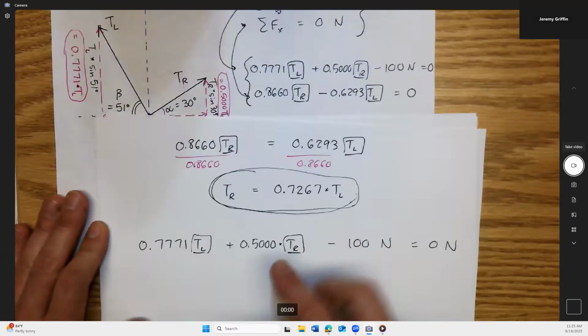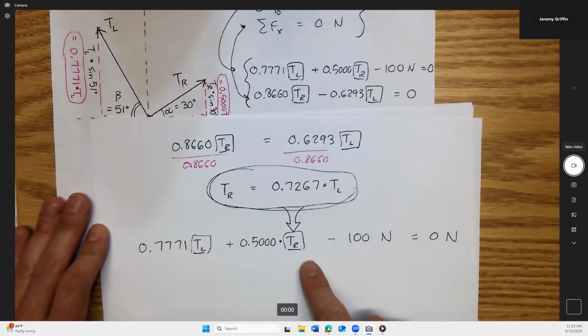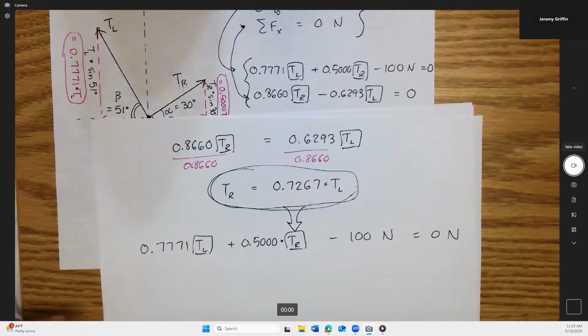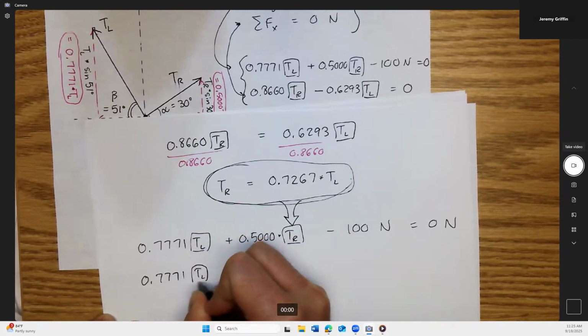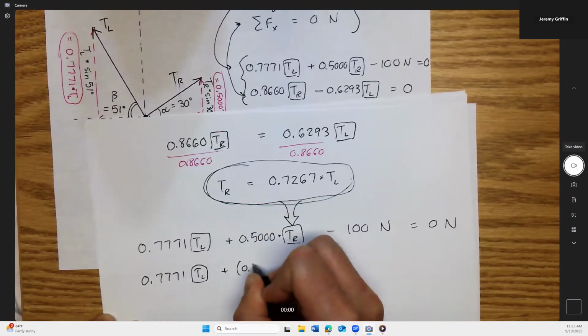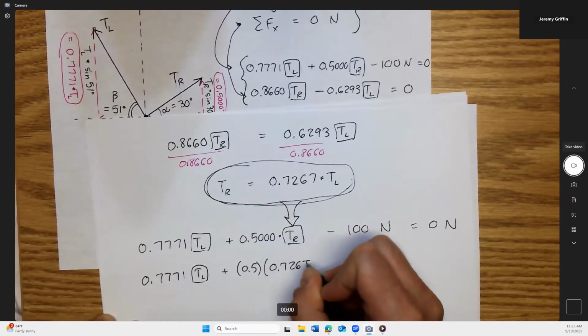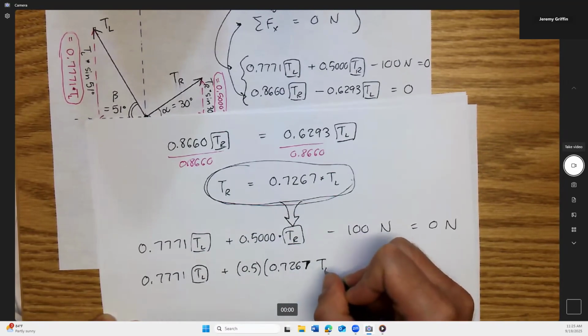Now, guys, can I just substitute right there? Okay. I'm about to set up an equation with only one variable in it. So 0.7771 TL plus 0.5 times 0.7267, also TL.